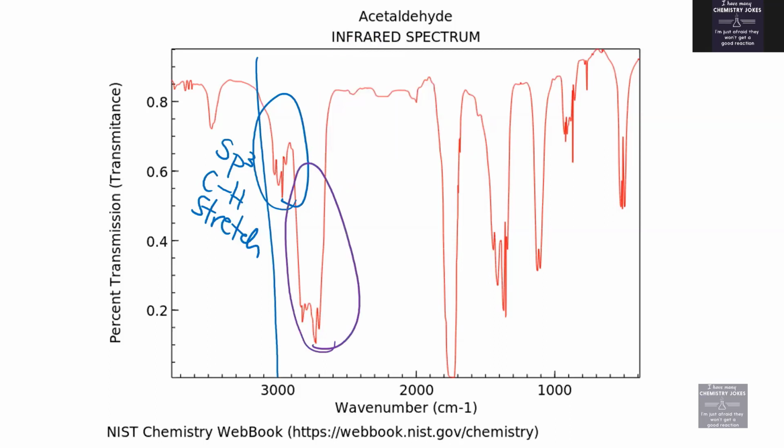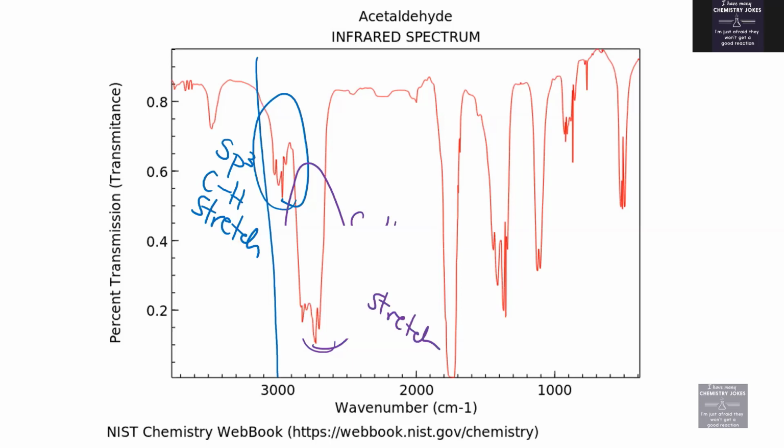That's this. It's often 2 single fingers, actually. This one shows a couple more peaks than that. But those 2 fingers are the CH of an aldehyde stretch. Other functional groups do not show this. Aldehydes have a CH of an aldehyde stretch just to the left of our normal sp3 CH stretches.